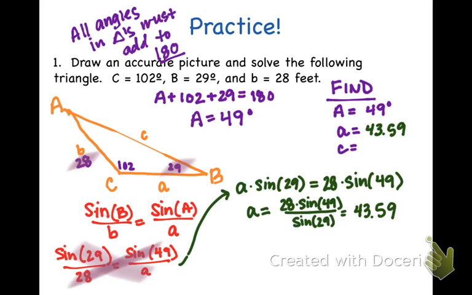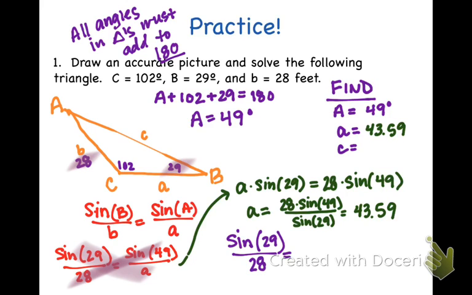All we have left is side C. And if it was a right triangle, there would be more options, but this is a non-right triangle. I cannot just do some things I've done in the past. I have to go back to law of sines again. And I want to go back to that initial pairing we had of sine B, so sine 29 over 28.